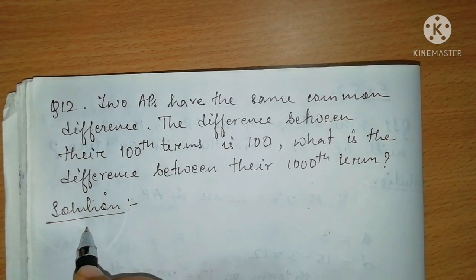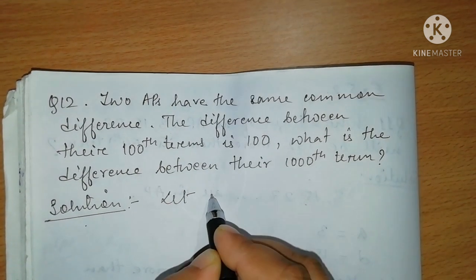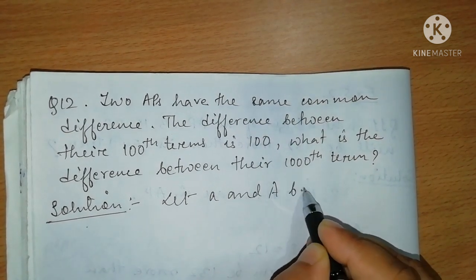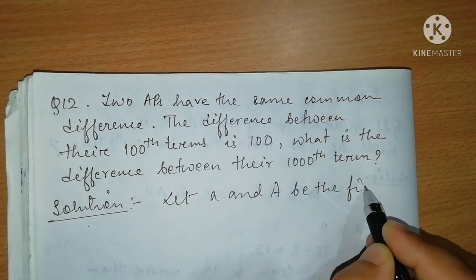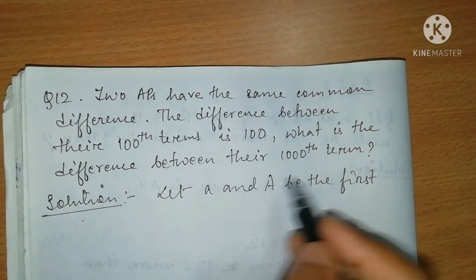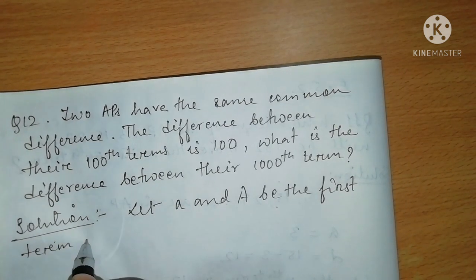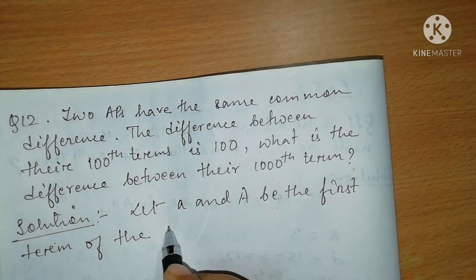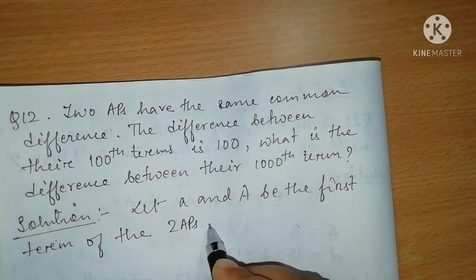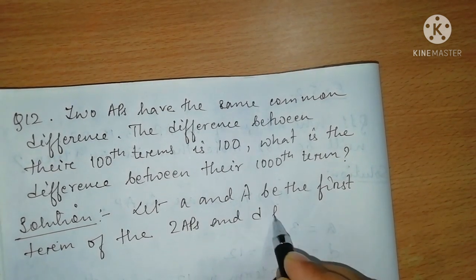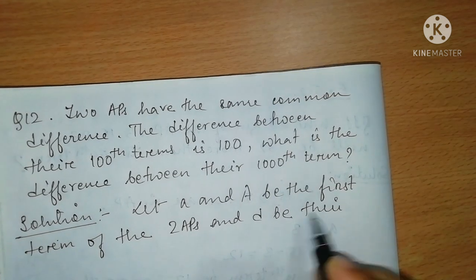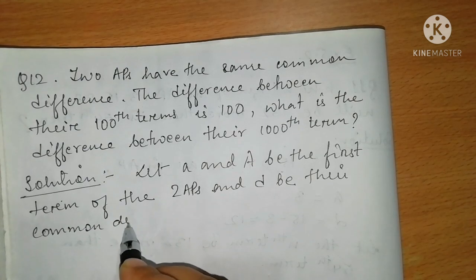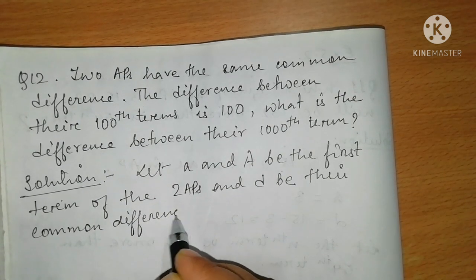So let small a and capital A be the first terms of the two APs and d be their common difference.